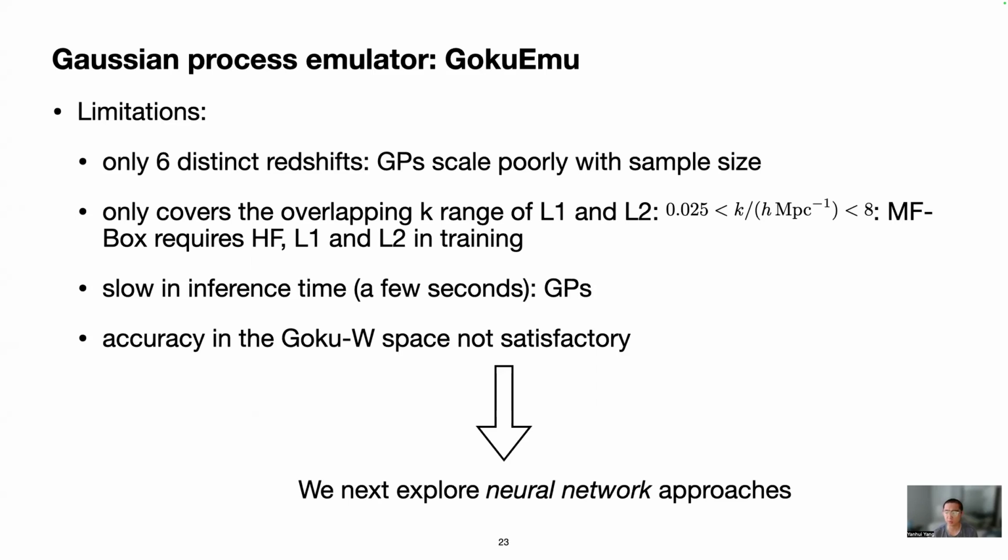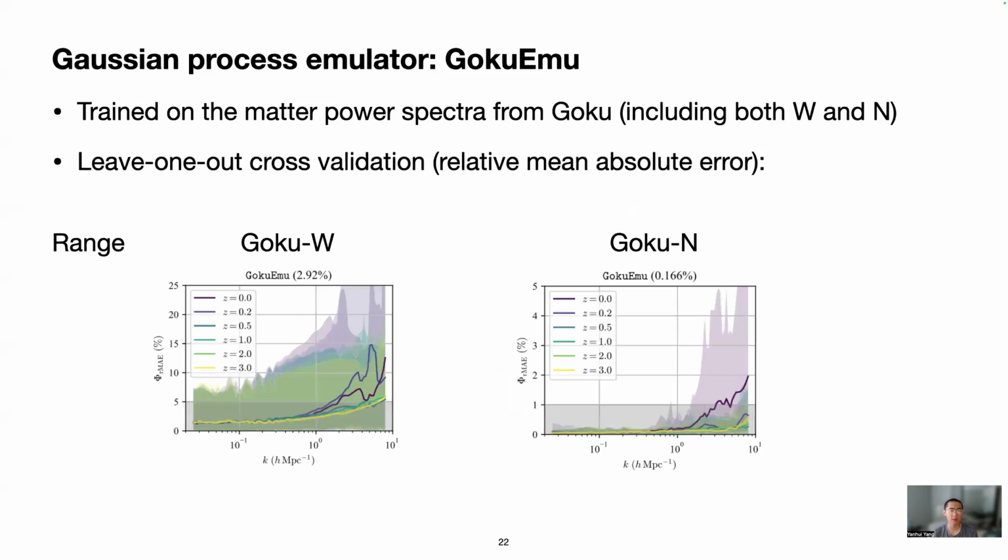It doesn't fully exploit the k range allowed by the simulations because it is limited by the emulation technique. Also, it is slow in inference. And another problem is that the accuracy in the GokuW space is not that good. If we look back, especially on the smallest scales, in the case of GokuW, the error can reach more than 10%.